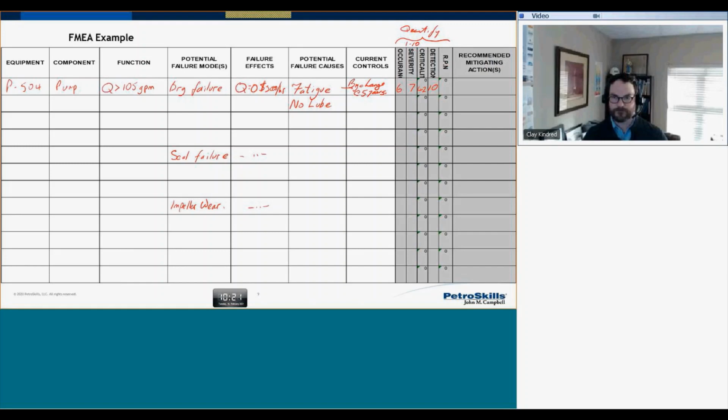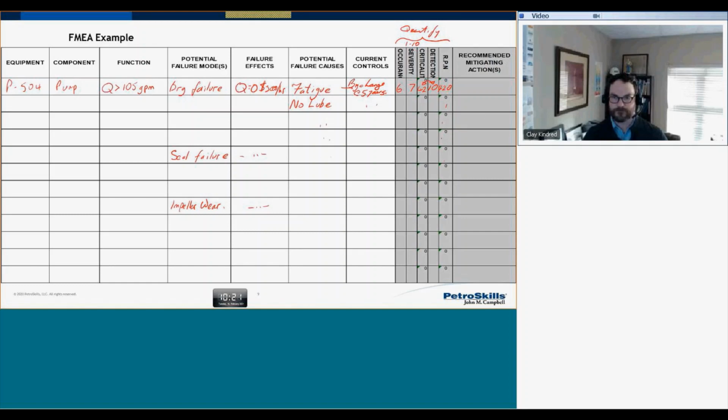The risk priority number here is this multiplied by that, which gives me a risk of 420. Now what I do is I do this for all of the different potential failures, and I quantify the risk priority number, and that allows me to figure out which of these problems, which of these potential causes I need to put in the most effort.